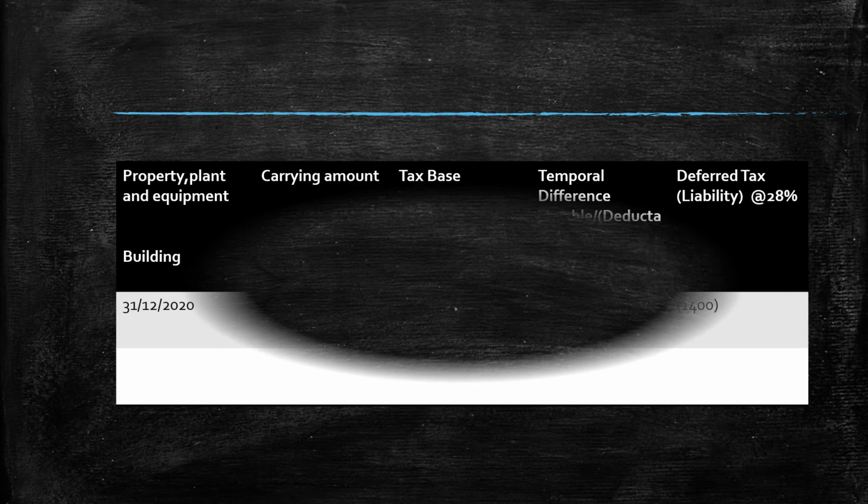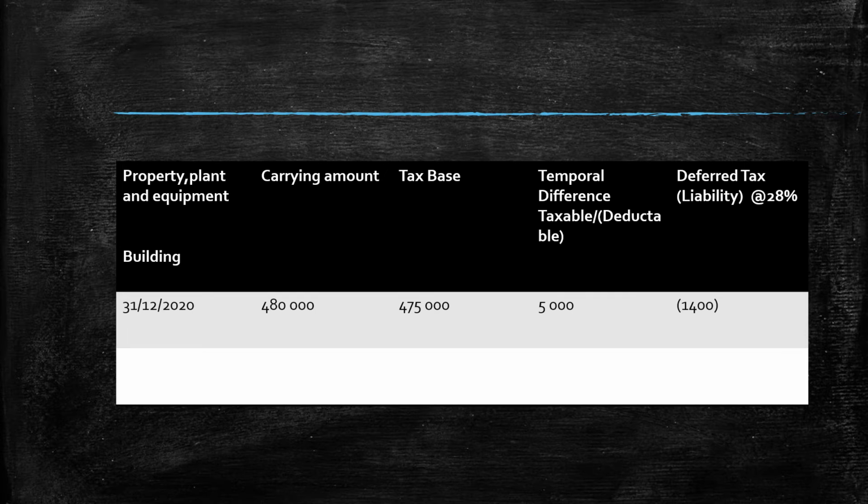Now we're also going to look at the current year, which is 2020. At the end of the current year, we have a carrying amount of 480,000. This is a continuation of the previous example that I did with you, because we know that the depreciation is 10,000 for the year and our carrying amount was 490,000.